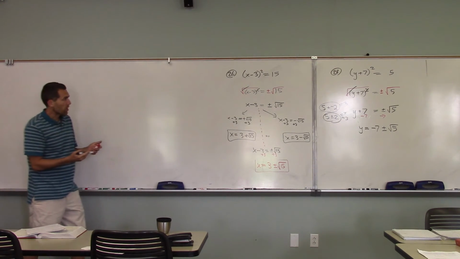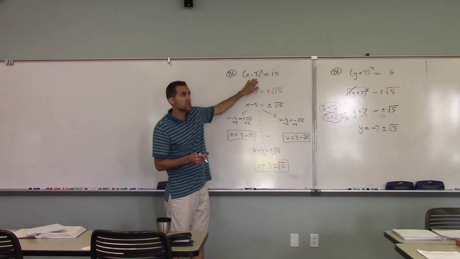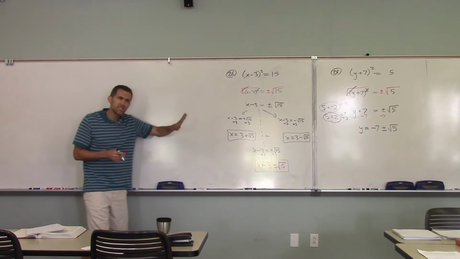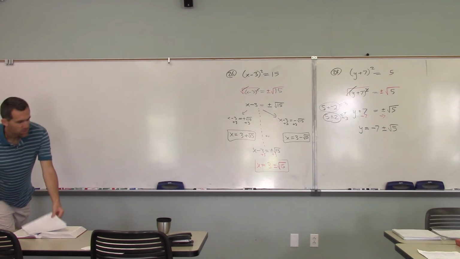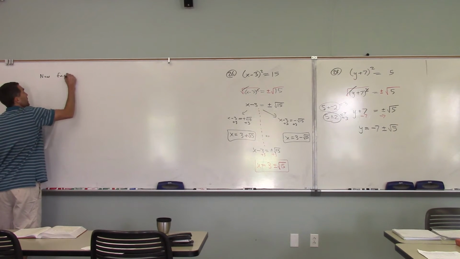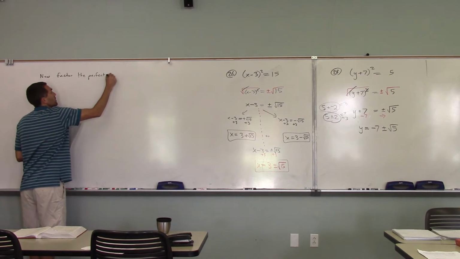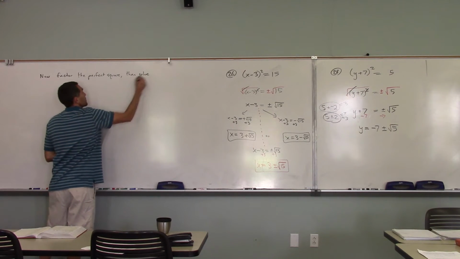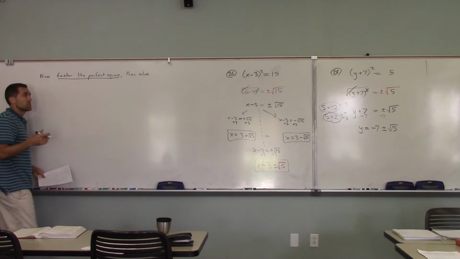So instead of giving you a problem like 26 or 27, where this perfect square is already factored, equals 15, they're just going to take you one baby step past that, and they're gonna say, okay, now what I want you to do is factor the perfect square. Then solve, okay? And it says in the instructions, factor the perfect square, then solve.